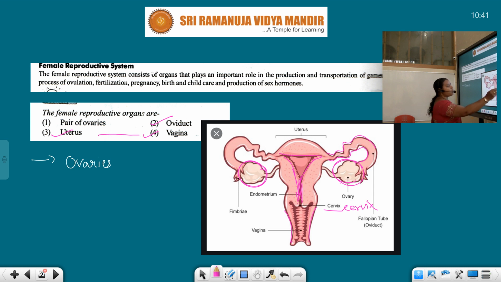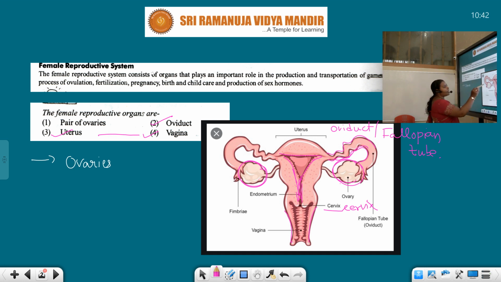See students, this is the ovary, one ovary on the left side and the other ovary on the right side. Here this tube-like structure is the oviduct, and the oviduct is also named the fallopian tube. Understand? Right.